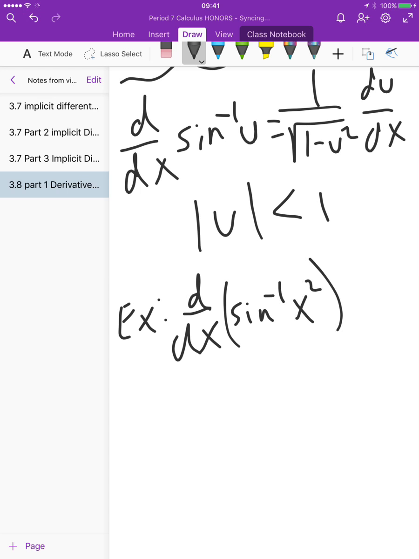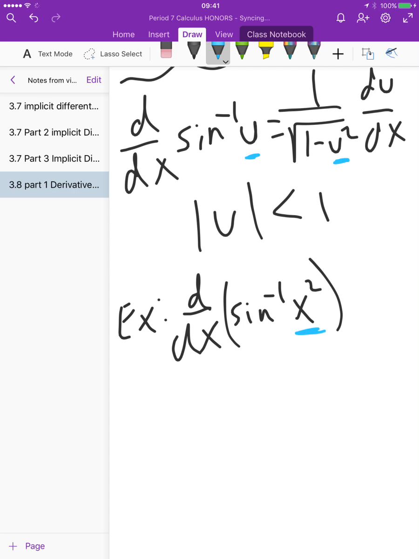Well, we know that the derivative of sine inverse is going to be 1 over the square root of 1 minus u squared. We just talked about in the formula above that whatever this u function is, think about what our u function is right now. Our u function is x squared. In this case, look what's happening: my u is getting squared.